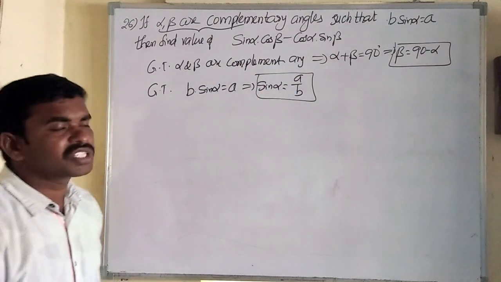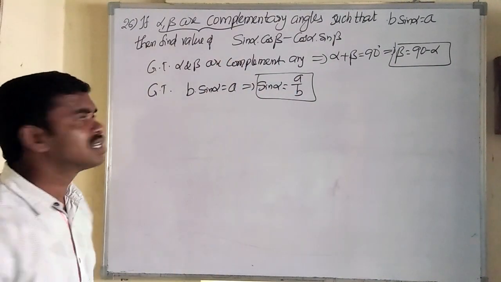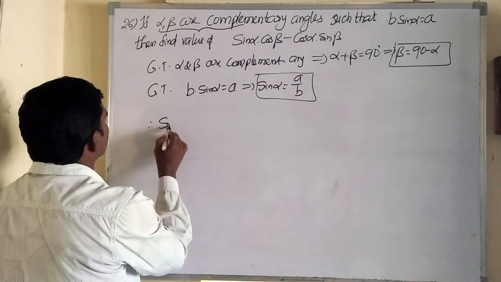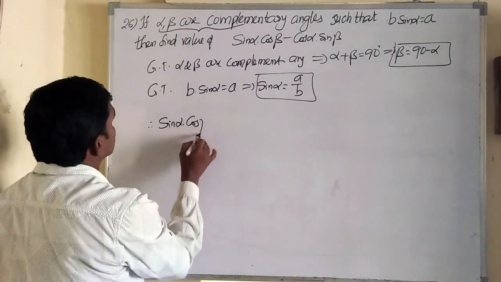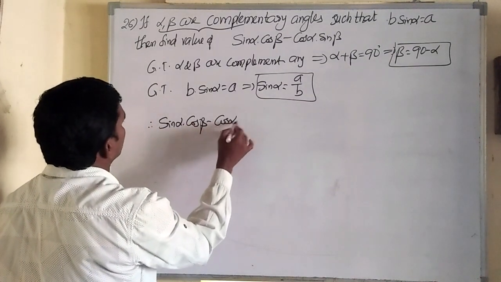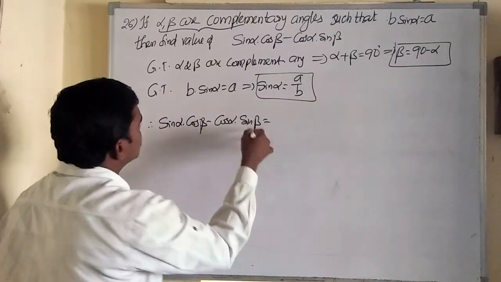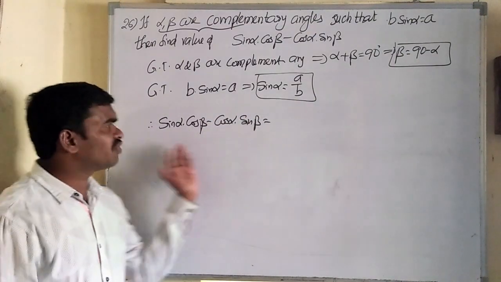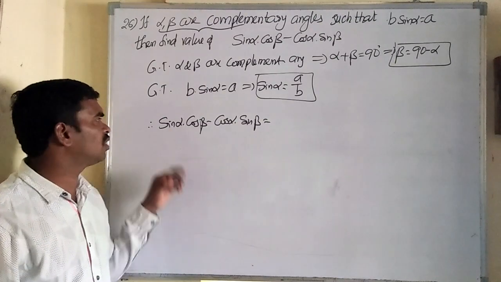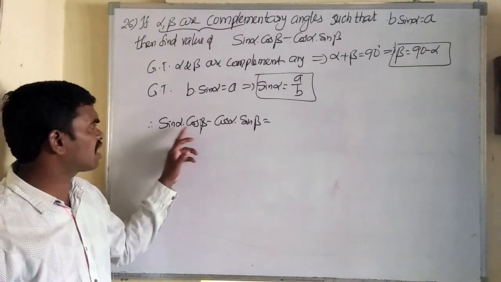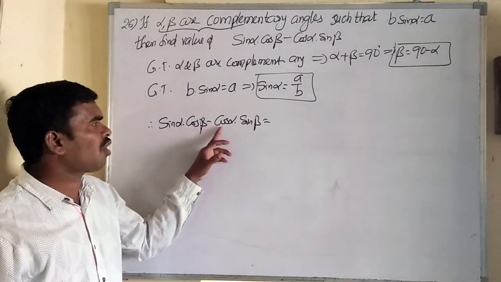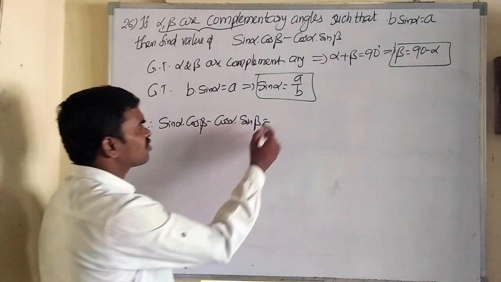These two pieces of information are given and we are asked to find this. Therefore, sin alpha into cos beta minus cos alpha into sin beta, we should find this value. In which way can we apply? Which formula is suitable? See, think about sin A cos B minus cos A sin B. What is the formula?